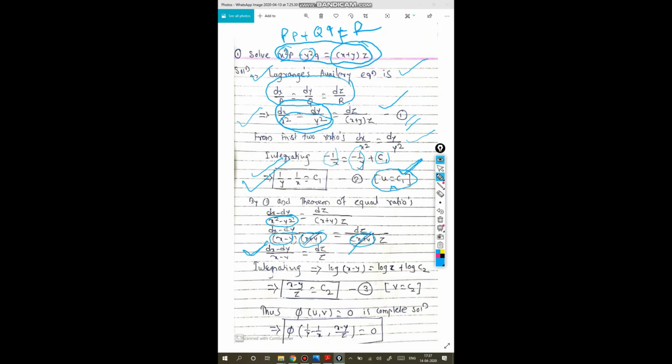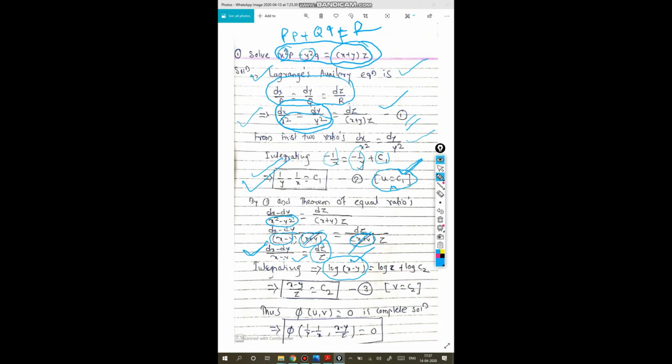You can observe the derivative of the denominator x minus y, that is dx minus dy, is present in the numerator. So integration of this LHS is log of x minus y, because it is in the form of f dash x upon f x, and f dash x upon f x is log f x.